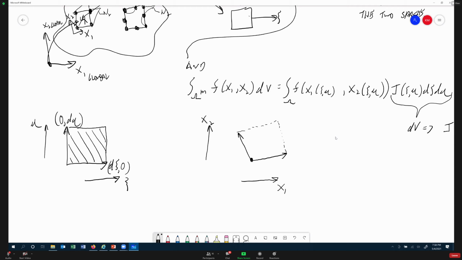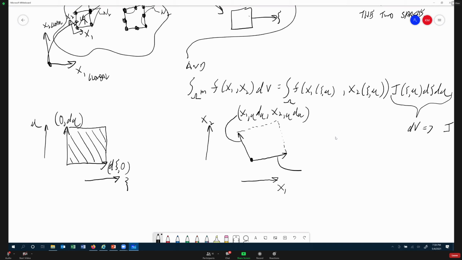So this corner is x1 comma nu d nu, x2 comma nu d nu.